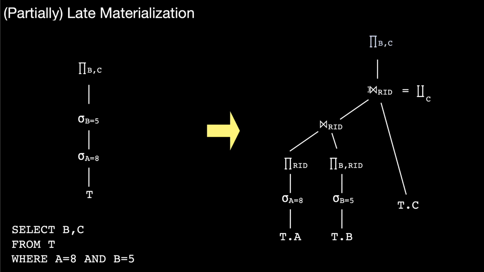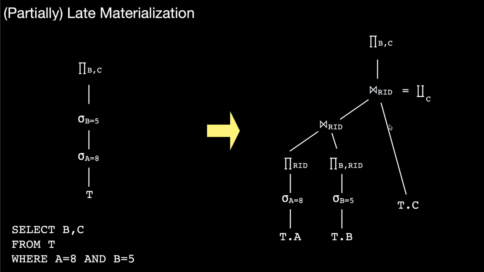So this operation, which given some sort of row ID, some row representation, adds another attribute from a table, is called an anti-projection or late materialization.